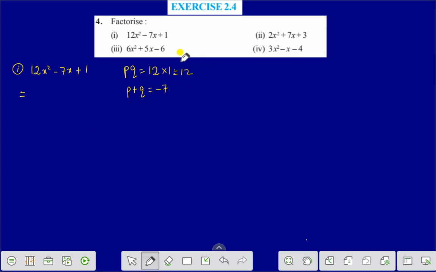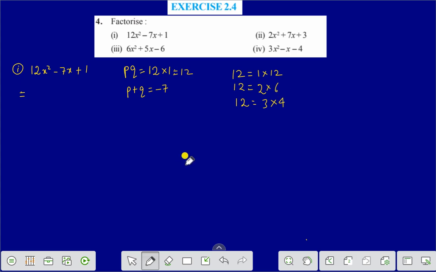If we factorize this number 12, then 12 can be written as 1 into 12, or 2 into 6, or 3 into 4, which is equal to 12.